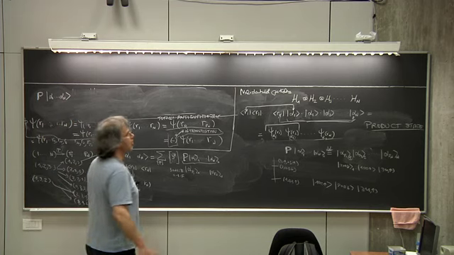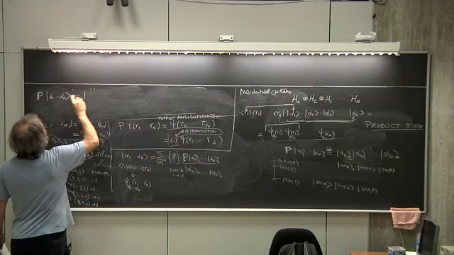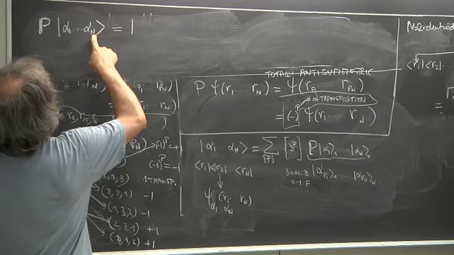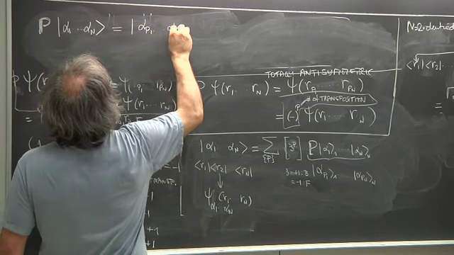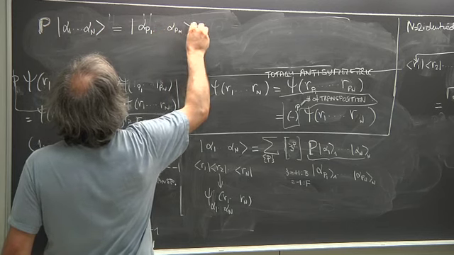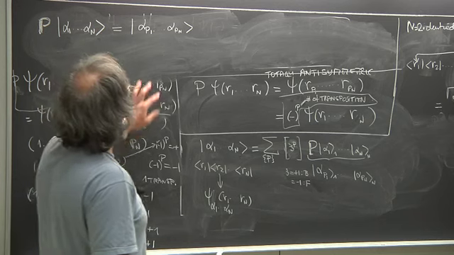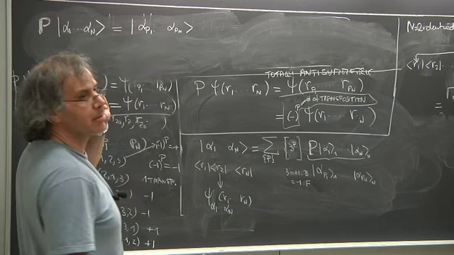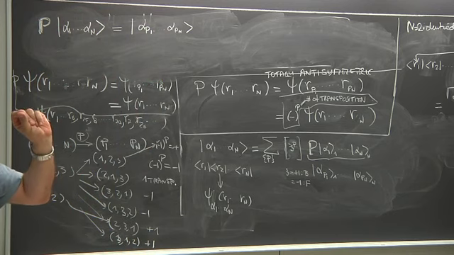According to the definition I gave, it must mean that this is just the ket that I would obtain if instead of starting from alpha 1, alpha n, I start from alpha p1, alpha pn. So I do the same procedure, but now starting with the labels already scrambled from the beginning. Okay? With a given permutation.